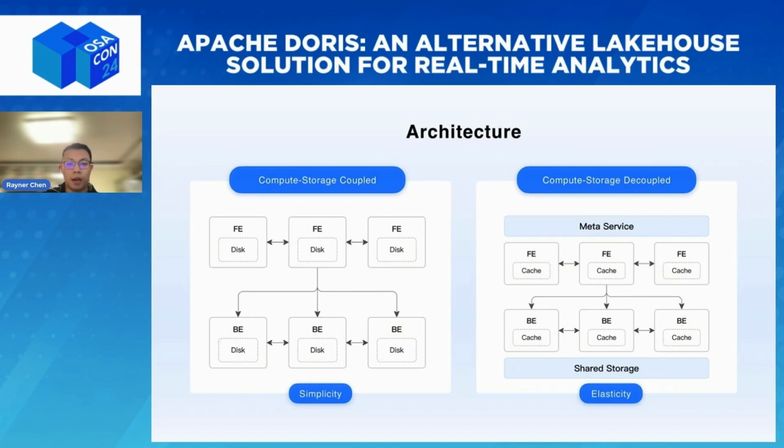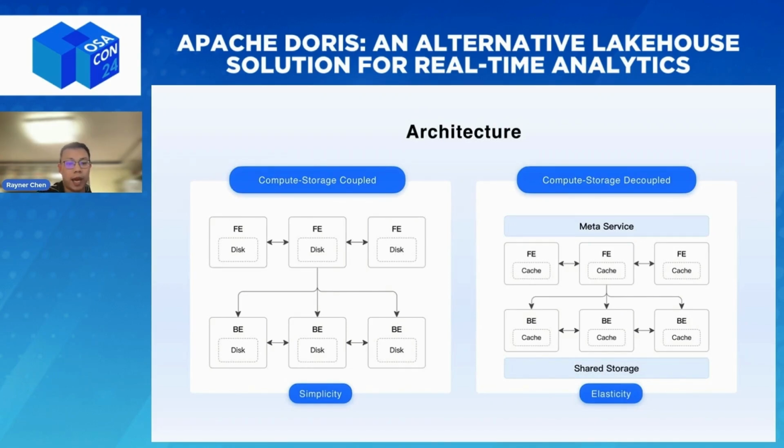And because both FE and BE are stateful nodes, you cannot scale up or scale down in a very short time. And the decoupled architecture uses shared storage like cloud object storage or HDFS and a unified meta service. So you can see that FE and BE nodes only need local disk for high-speed caching, making FE and BE stateless for better elasticity.